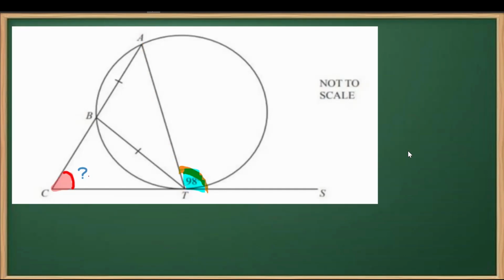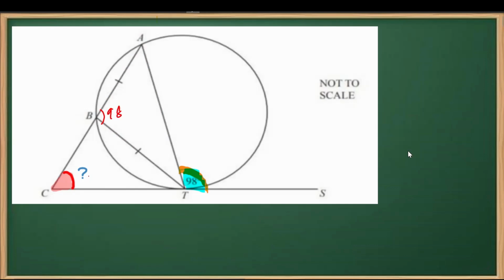As I said, this angle will be equal to the angle subtended by the same chord, AT, on the remaining part of the circle, which is this, called alternate segment. So we got this angle; its value is going to be 98.